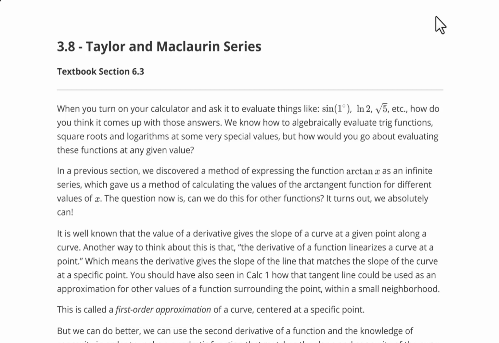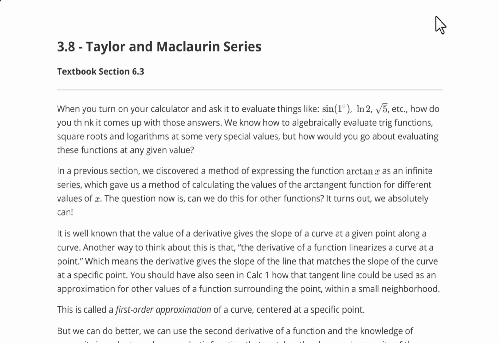So in previous sections, we looked at arctangent in a lot of detail. And we saw how there's a method that we could take arctangent and express it as an infinite polynomial. So we could do things with arctangent right now in order to calculate arctangent really at any input value. We have enough information to be able to do that. But that's really special for arctangent.